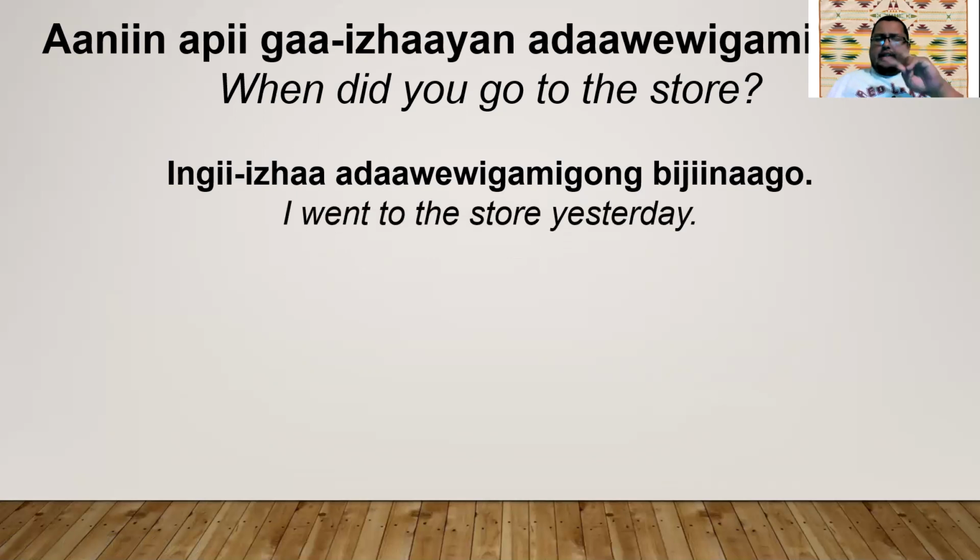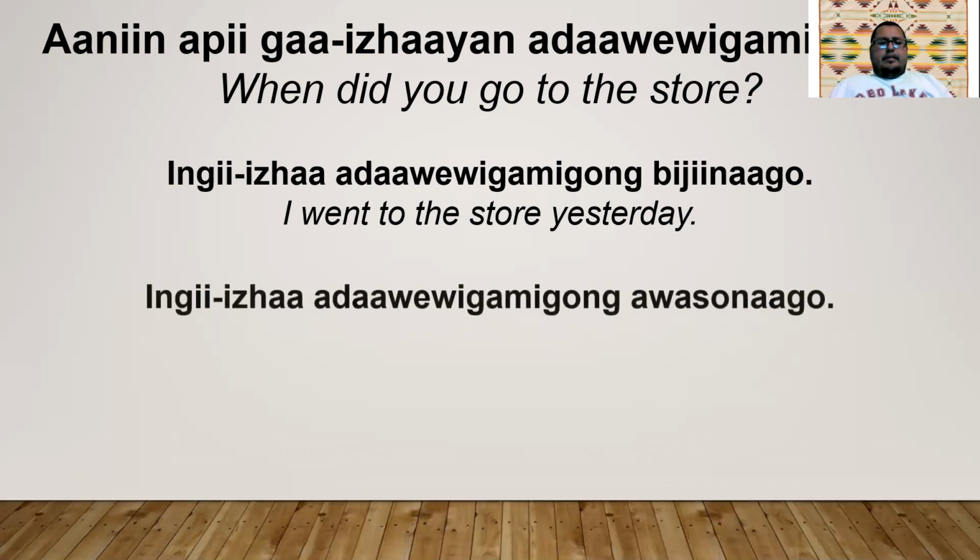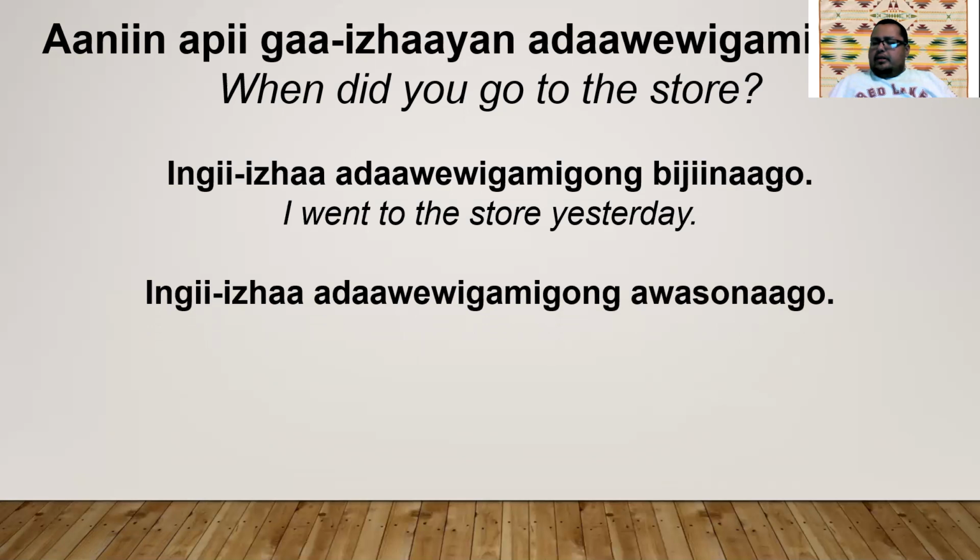So your preference, you can flip it, you can flop it, you can flip-flop it. Ojibwe language isn't so strict in that way, but there are rules you do have to follow when it comes to speaking Ojibwe. This isn't one of them, so you can put your time of day in the front or the back. Continuing on, ingi ija adawe we gamigong awasanago.